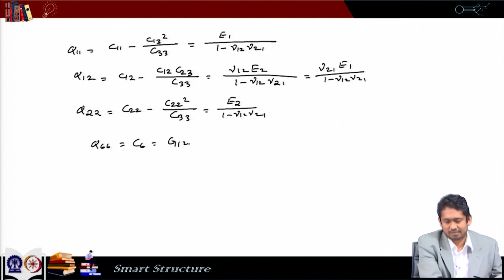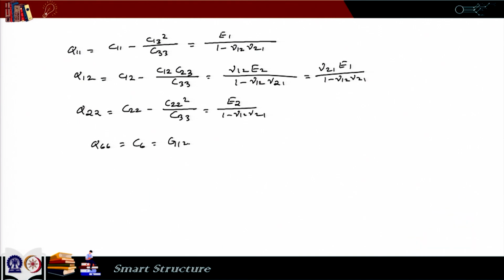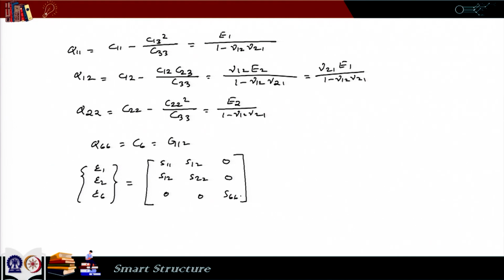Now, this is generally called the stiffness matrix Q, and this can be written in the inverted form as this also: epsilon 1, epsilon 2, epsilon 6 as S11, S12 0, S12, S22 0, 0 0 S66, and here we have sigma 1, sigma 2, sigma 6.